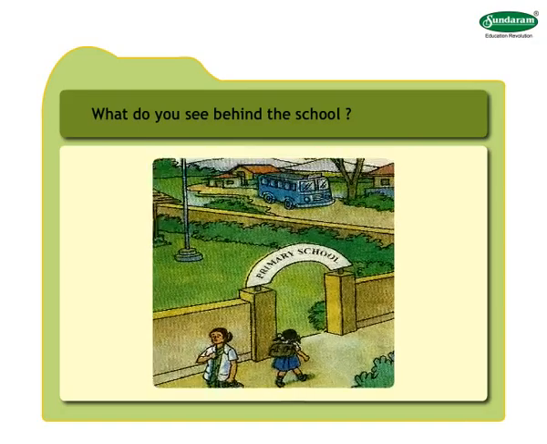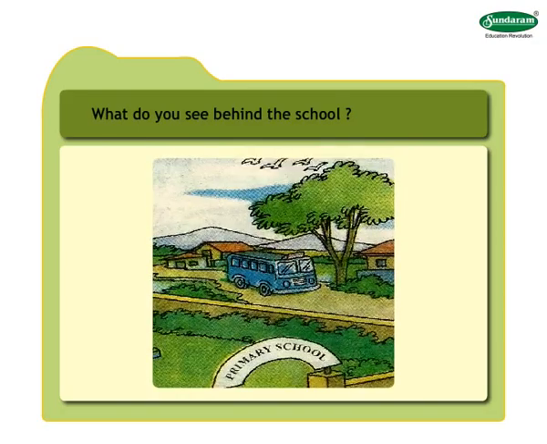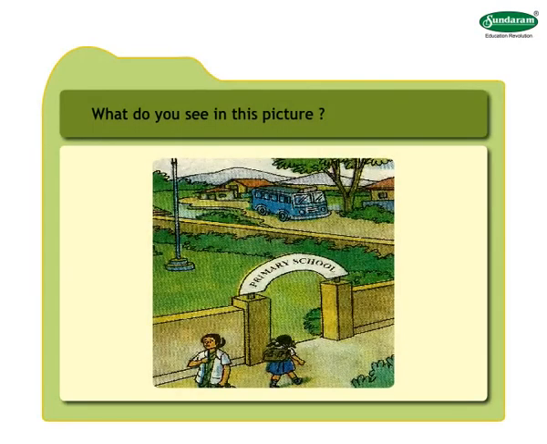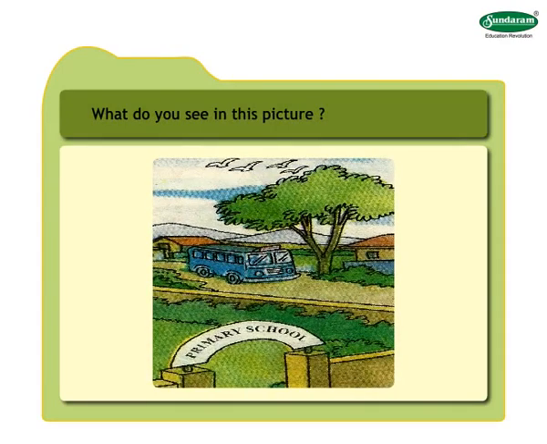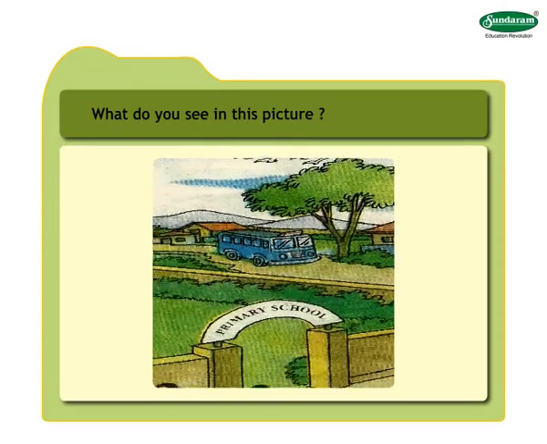What do you see behind the school? Yes, there are mountains behind the school. There are small plants inside the school premises. There is a big tree outside the school.